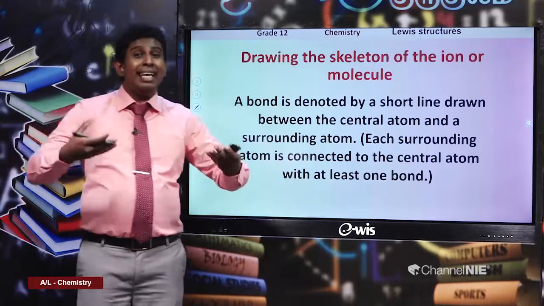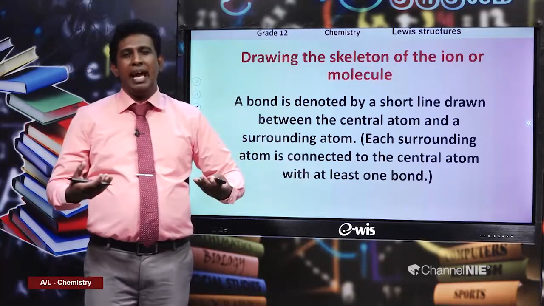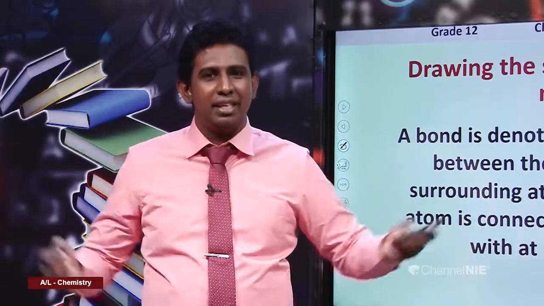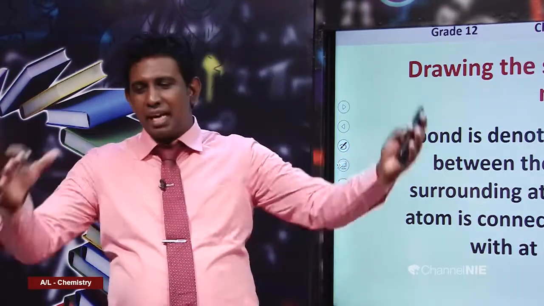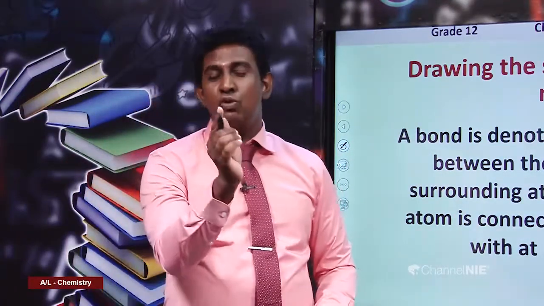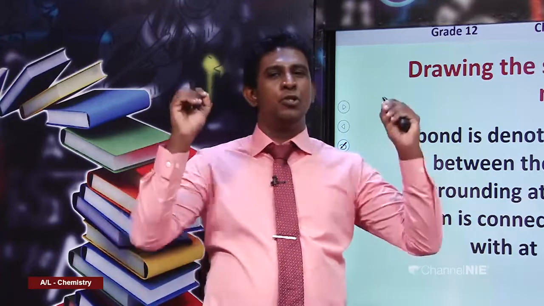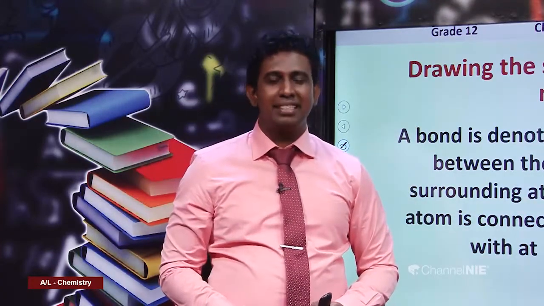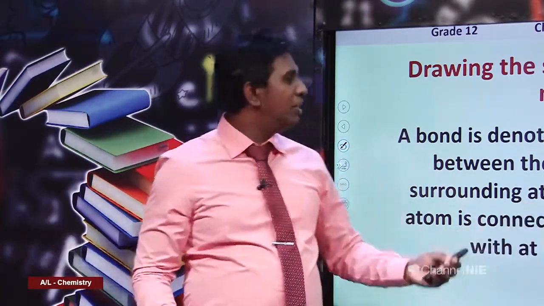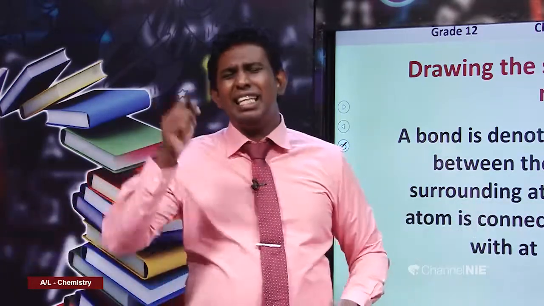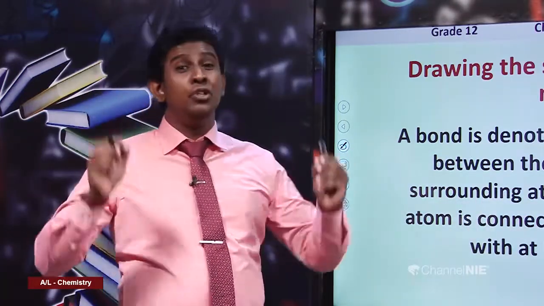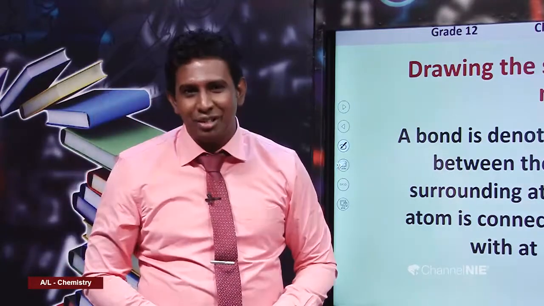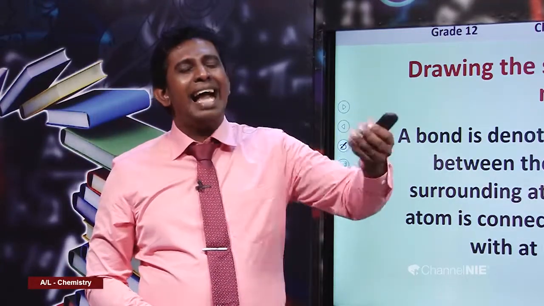They need to have a linkage. If they are not linked, then it's not a structure. It's one structure we are drawing, so you need to state at least one bond as the link made between the central atom and the other atoms.